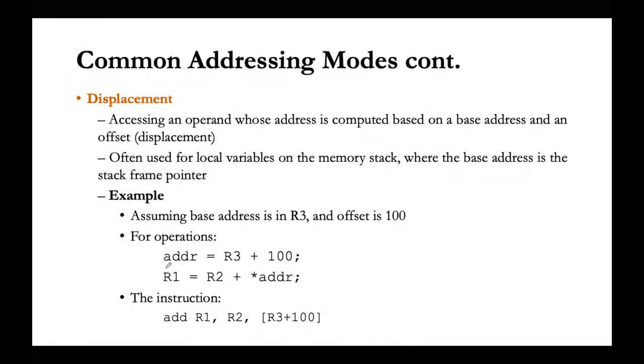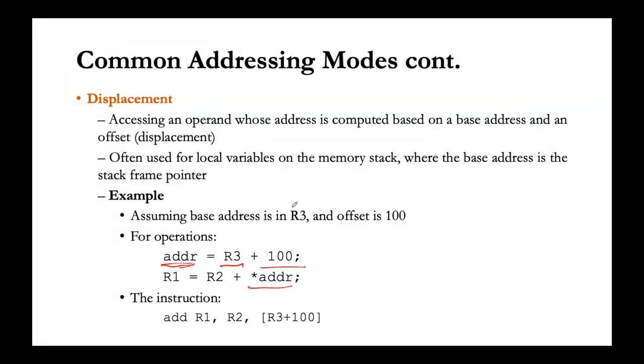So first, what happens? The address of an operand is calculated, or evaluated, as base address plus its displacement. So base address plus displacement, as we say, R3 holding the base address. That gives the address part of your element. That address part can be represented as star address. From there, you need to retrieve the operand.